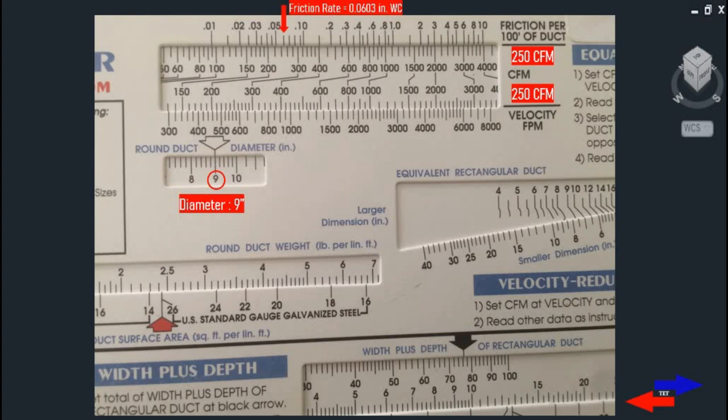For example, as you can see on the duct sizer for the 250 CFM, we have a round sheet metal duct with a diameter of 9 inches. Let's say for the flex duct, we're going to use a compression of 4%. So for a 4% compression, you can select a flex duct diameter 3/4 inch larger than the round sheet metal duct.